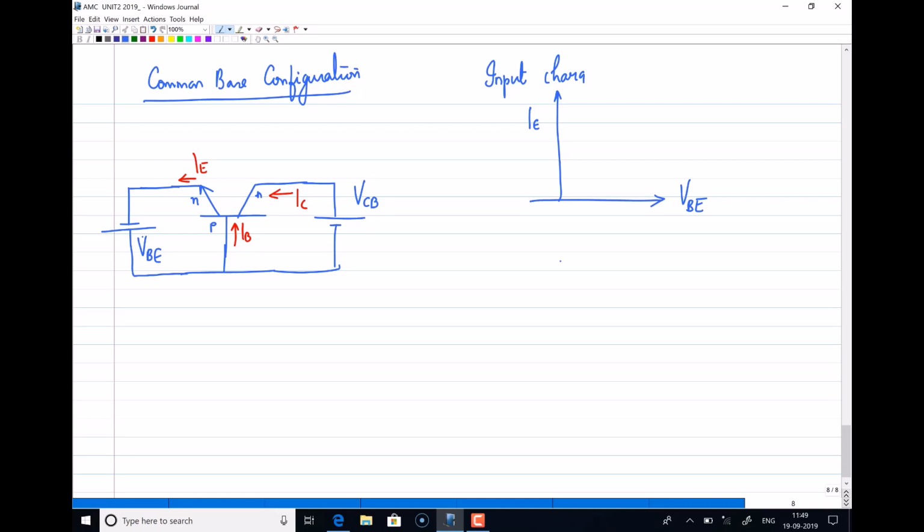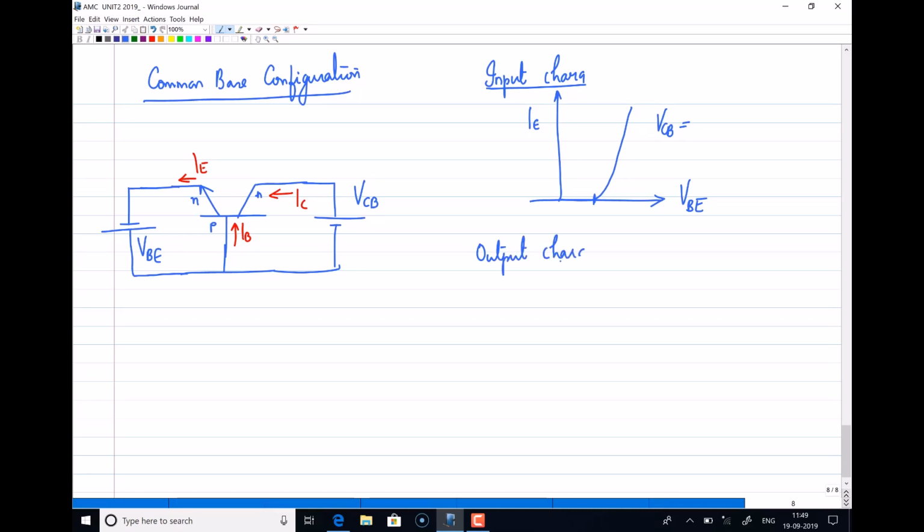Now you can see that the emitter base junction is forward biased, so the input characteristic of this configuration will be the same as that of a diode. After the cut-in voltage, the junction current will increase, and we can plot this for different values of VCB.